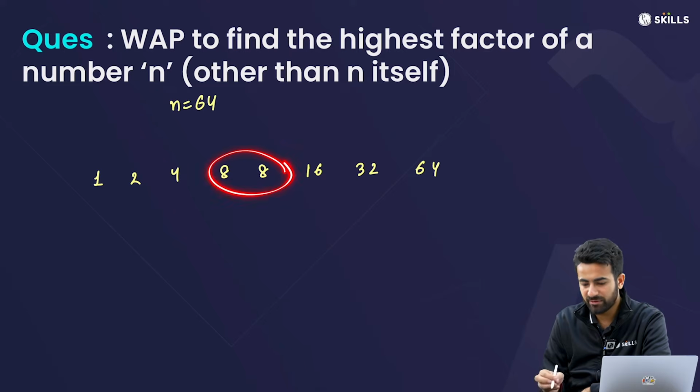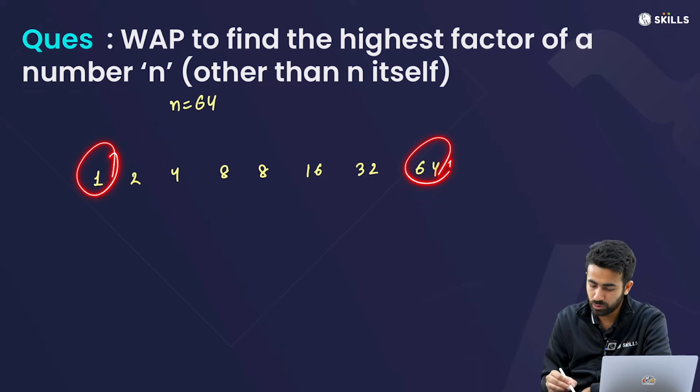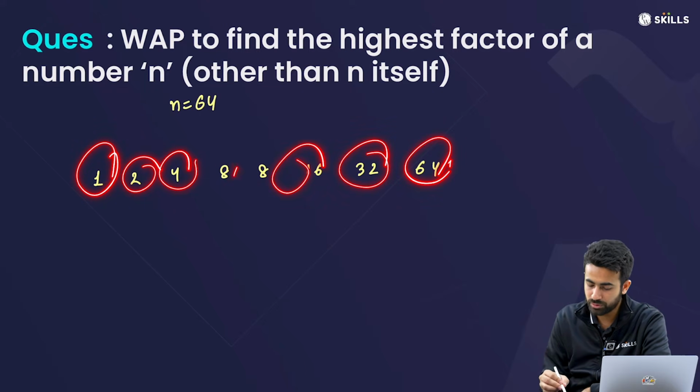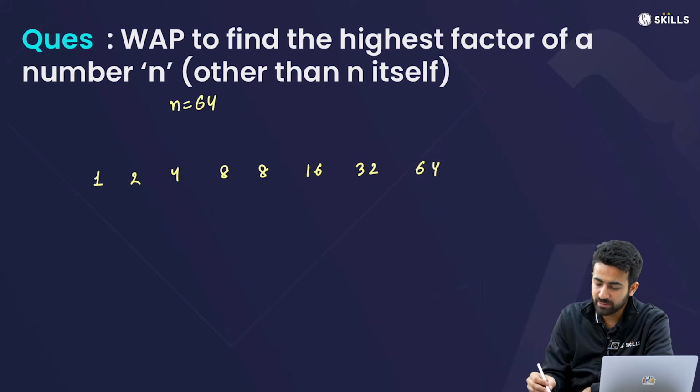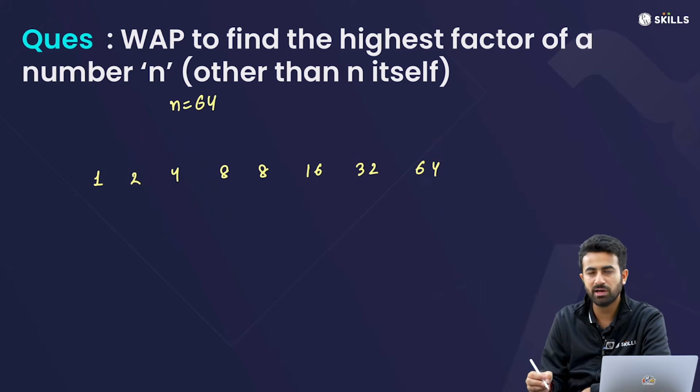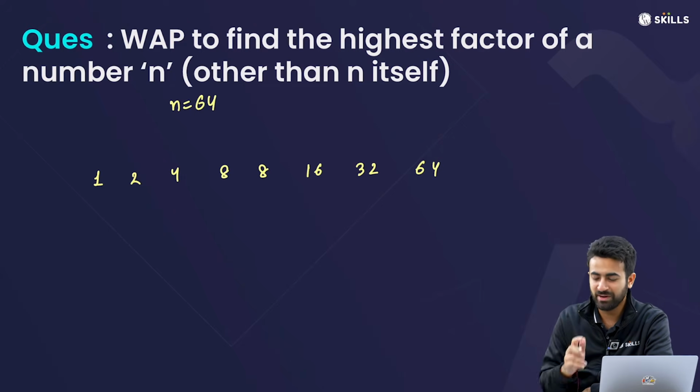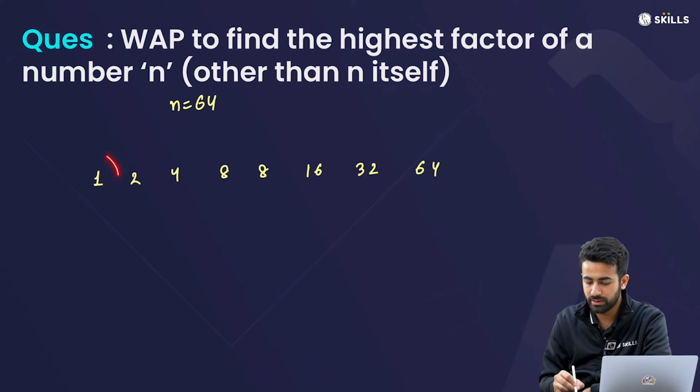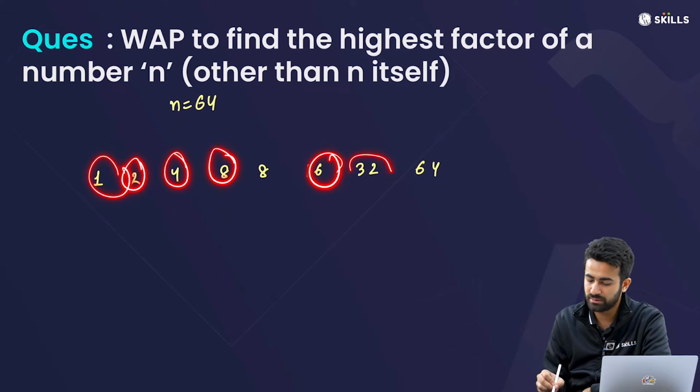I'm writing it again. Why? Because 1 into 64 is 64, 2 into 32 is 64. But realistically speaking, if I ask you the number of factors of 64, what are they? This is homework for you to calculate. But anyway, if I want to find the number of factors, then 1, 2, 3, 4, 5, 6, 7.